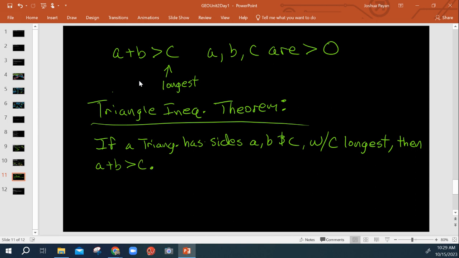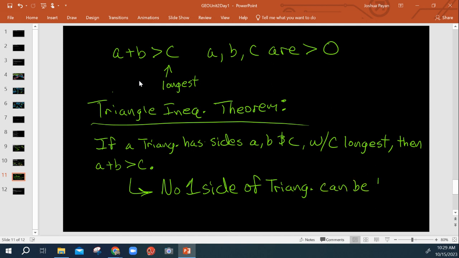And in plain English, what this tells us is no one side of a triangle can be longer than the other two combined.